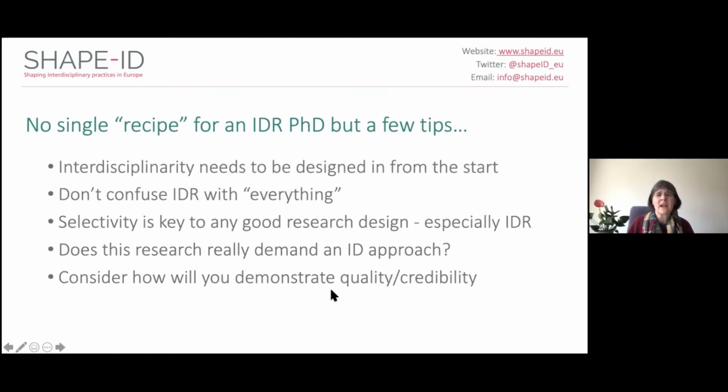I was looking at the lecture that I do for our research design class in our graduate school. And we do one lecture on interdisciplinary research. We try and encompass the whole of interdisciplinary research into one lecture. But it's about being aware, first of all, that interdisciplinarity is not just one thing, but it needs to be designed into your research from the outset.